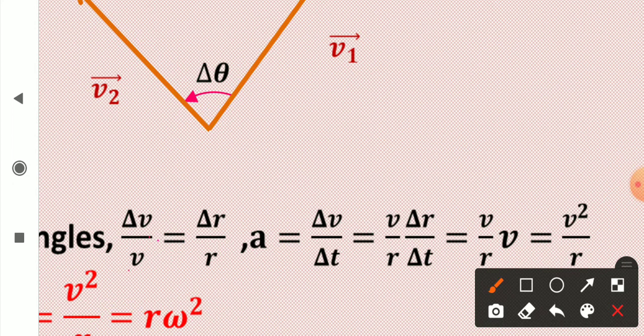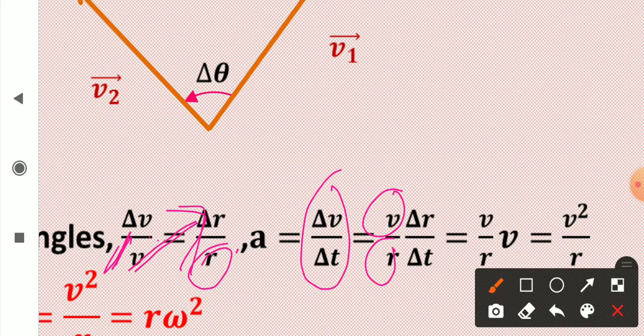you take this v to the right hand side and divide by delta t on both the sides. So this v goes to the right hand side, I get this v, r is already here, and I divided both sides by delta t. So delta v upon delta t came and delta r upon delta t came.